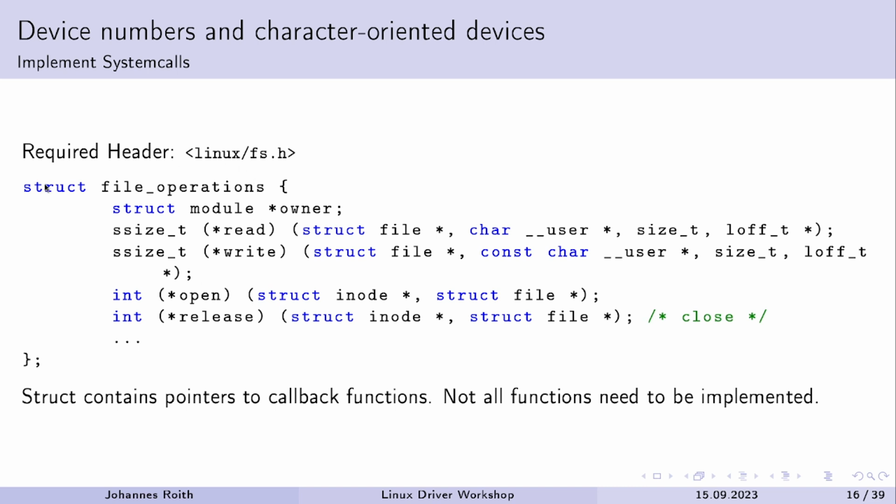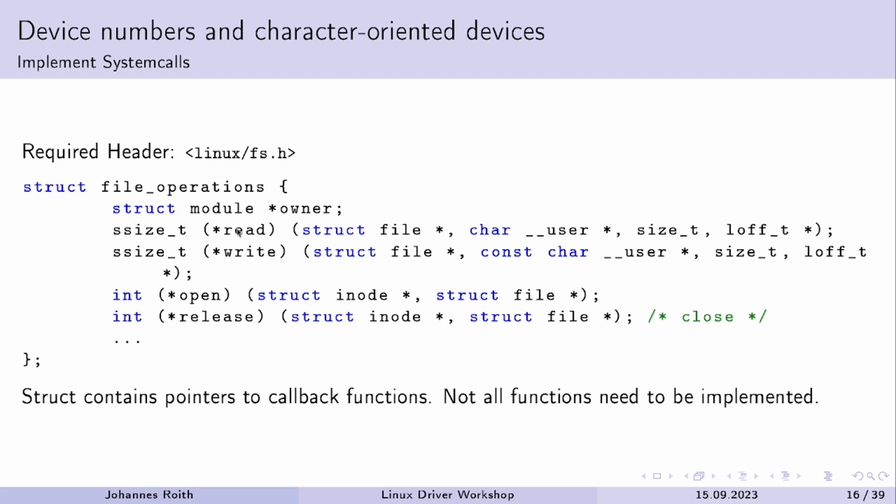You can see here, for example, how the struct looks. We have a field module owner for the owner, and then we have read, write, open, release, and all the other callback functions. After setting up this struct, we have to create the character device, and we have to register a device number for it. This can be done with one function, but I will show you this in a second.